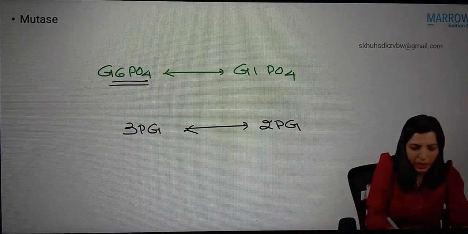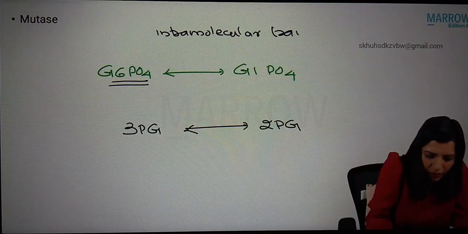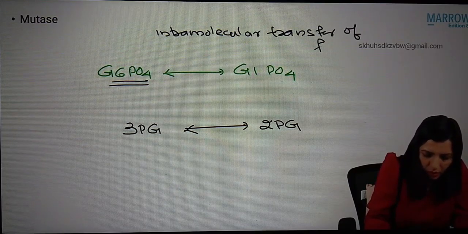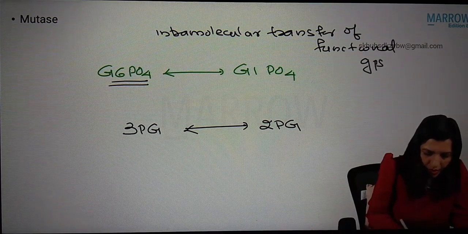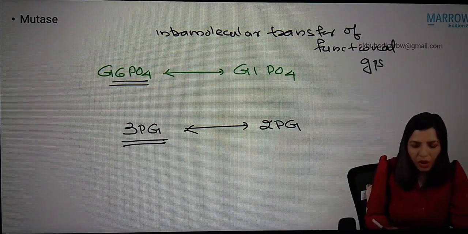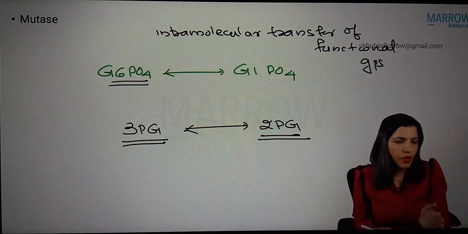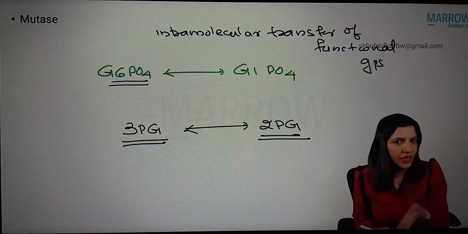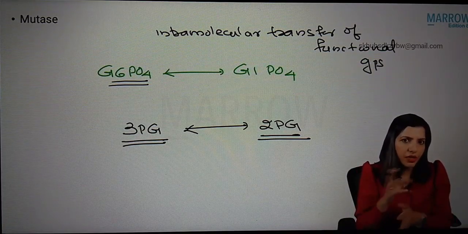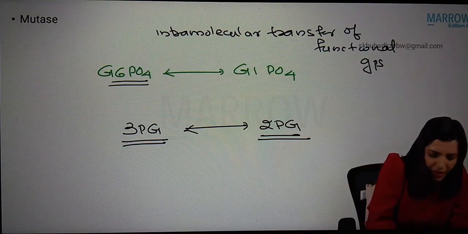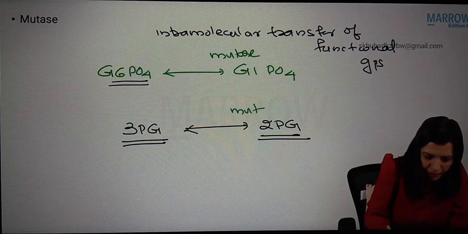So it is an intramolecular transfer of functional groups. Similarly, 3-phospho means the phosphate group is at the 3rd position, and 2-phospho means it is at the 2nd position. So it is an intramolecular transfer of phosphate, and these enzymes are called mutase.